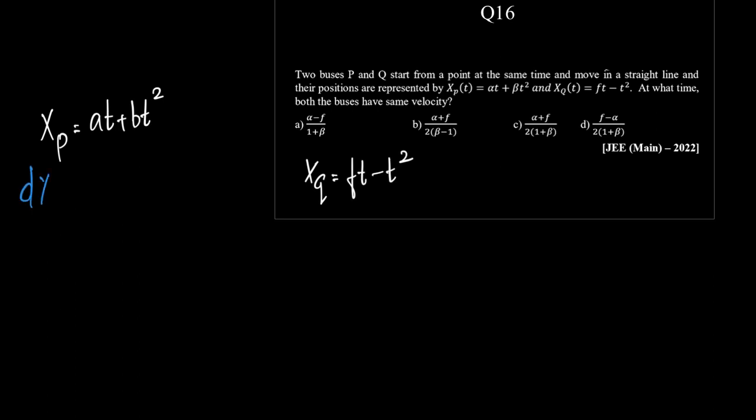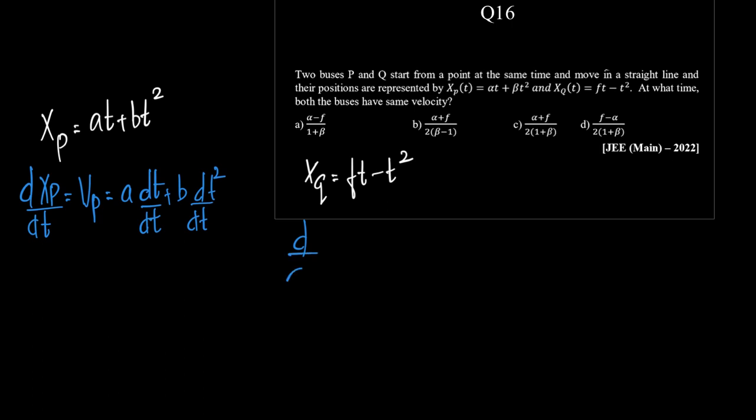We know that d by dt of xp will give us the velocity of p, which is equal to a into d by dt of t plus b into d by dt of t square. Similarly, d by dt of xq will give us f into d by dt of t minus d by dt of t square.